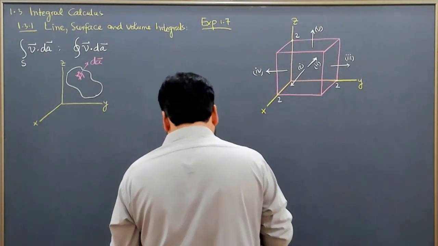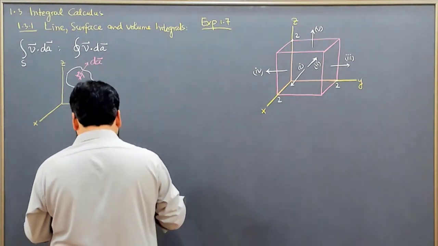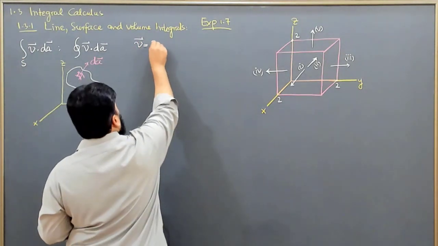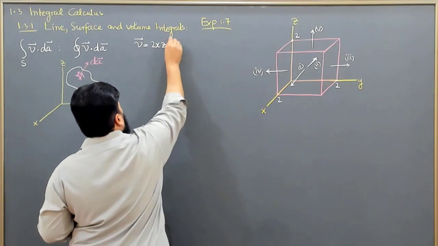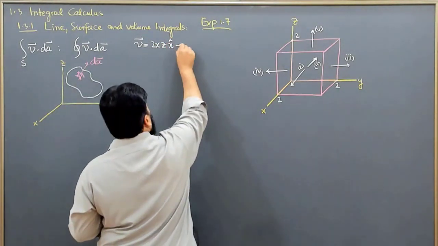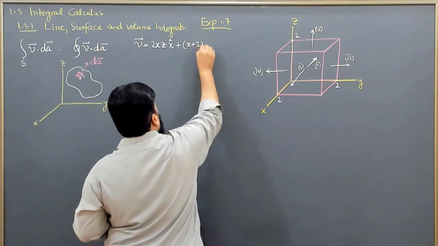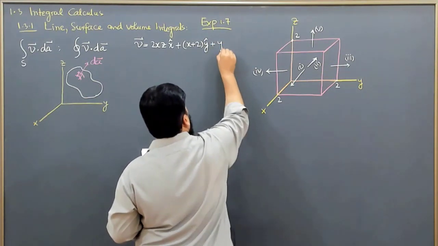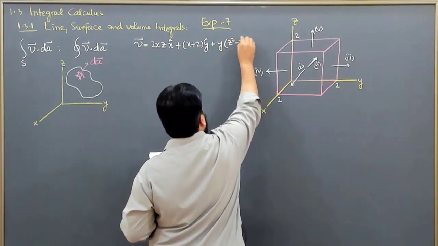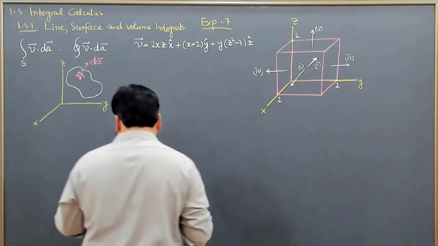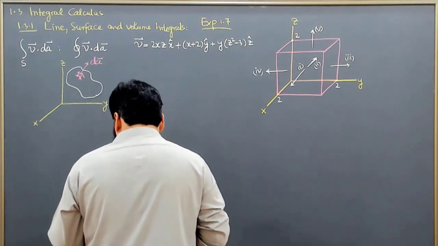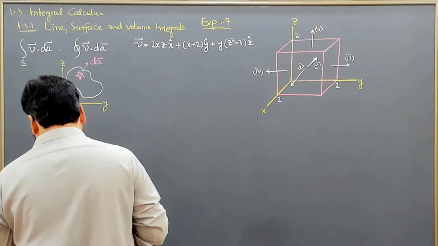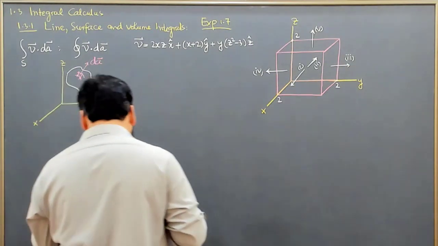So first let me write the vector function: v is equal to 2xz x unit vector plus (x plus 2) y unit vector, plus (y z square minus 3z) z unit vector. And we will now have to calculate the surface integral on all these faces, excluding the bottom.